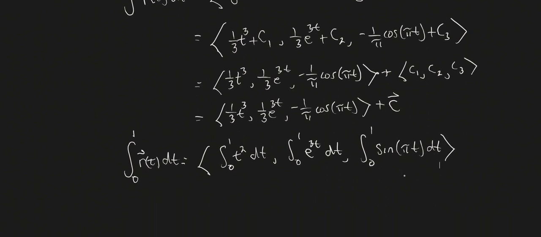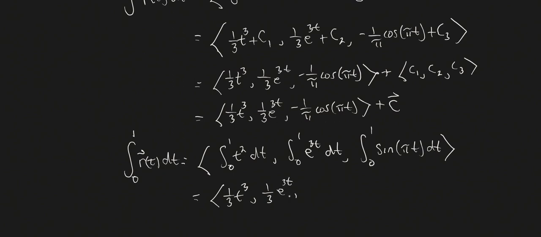I'm not going to write all the other things, but once we recognize what the antiderivative is, and remember for definite integrals we don't need a plus c, we could say, here's our antiderivative. So I'll write down what I have on this last line.